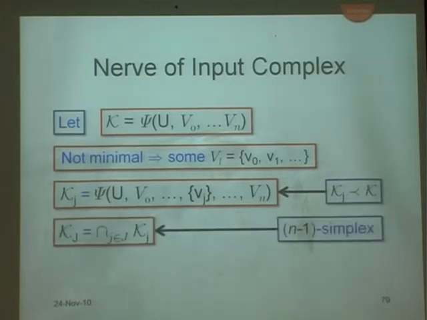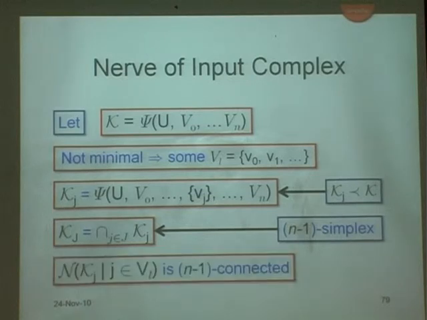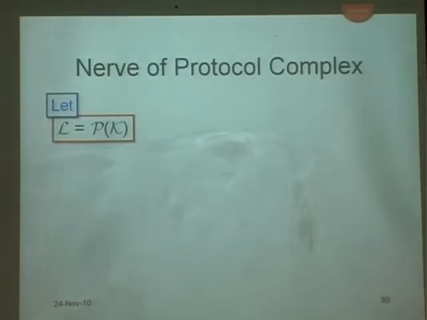We look at the intersections, and that's an n-1 simplex of the nerve. This is a subcomplex of the protocol complex, but of the nerve of the protocol complex, it's an n-1 simplex. And this is a vertex. And we know that this is n-connected because the K sub J's are all pseudospheres.